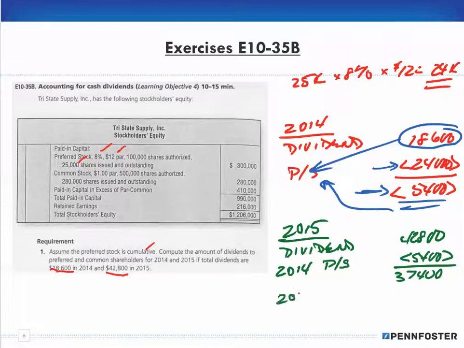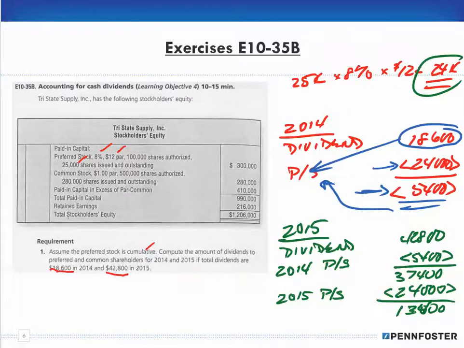Then the preferred shareholders' share of 2015, which is the 24,000 that we calculated, right? That comes out next. And that means there's a remaining $13,400 that is left over, and that amount goes to the common shareholders.